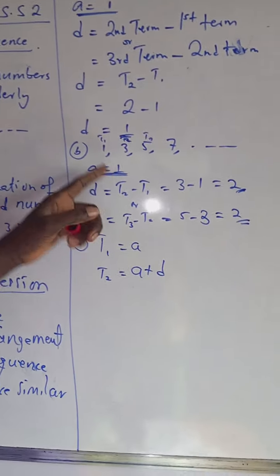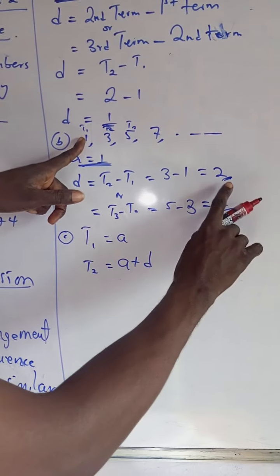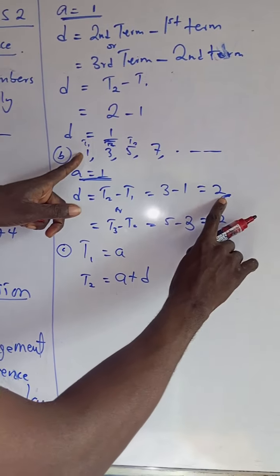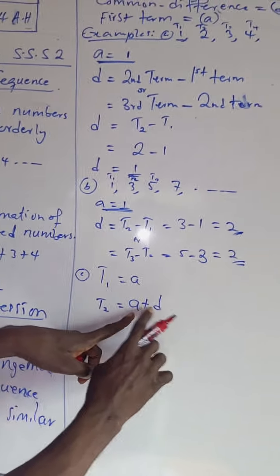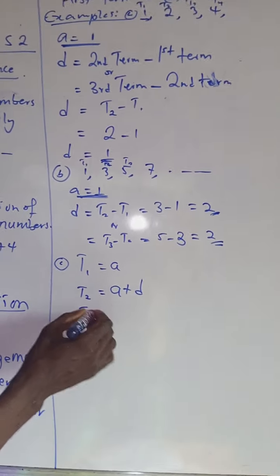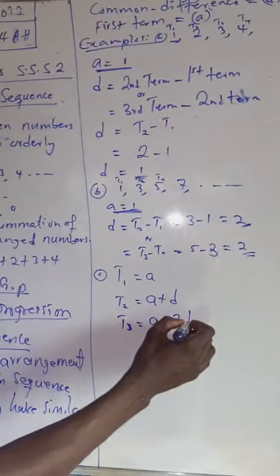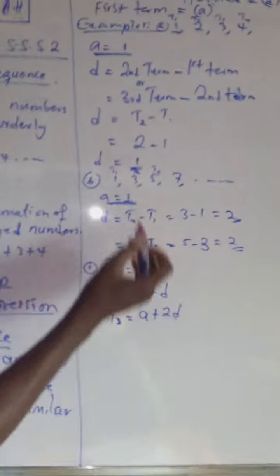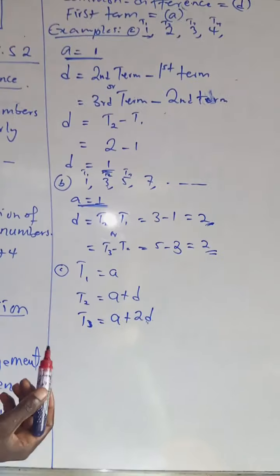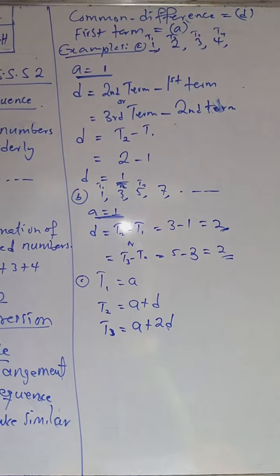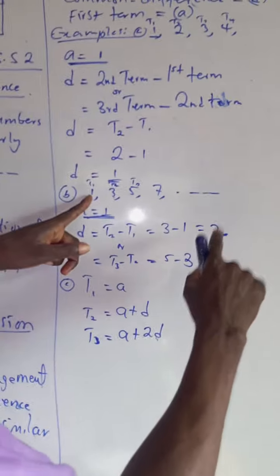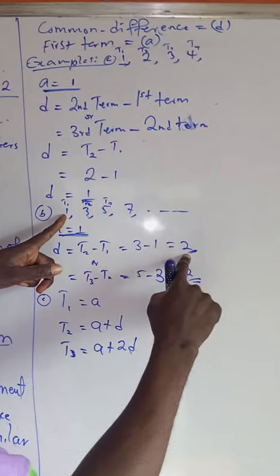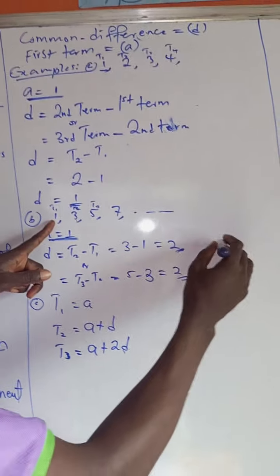Let's test it here. The first term is 1, the difference is 2. Add 1 to 2, and it gives me the second term. So the second term is the first term plus the difference. The third term will be the first term plus 2 differences, because we have the first difference and the second difference to get to the third one. The first term is 1, the difference is 2, so 2 differences will be 4.